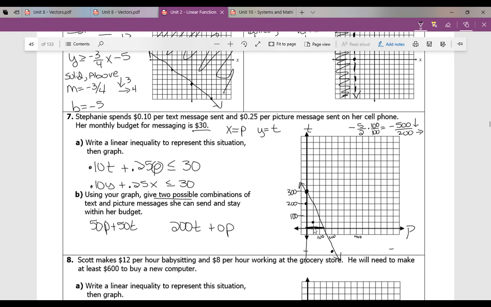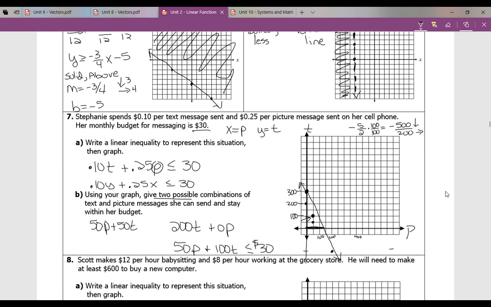Okay, I could do this point, which would be 50 pictures, this point right here, and 100 text, and still stay below my $30. Okay, does that make sense? So there are unlimited combinations, but it just asked us to pick 2. All right, everybody okay with that?